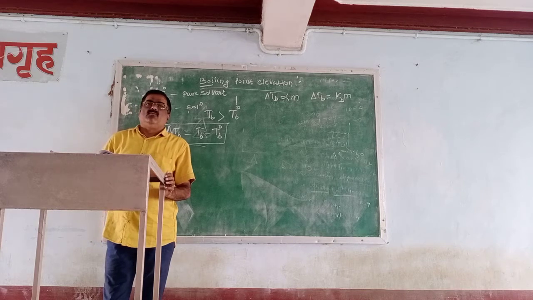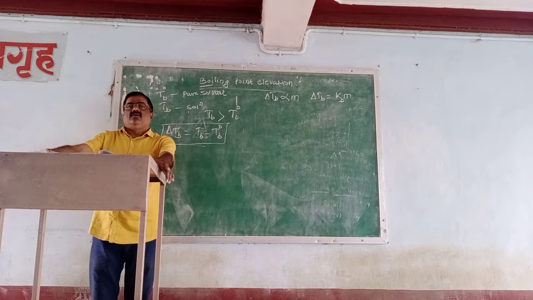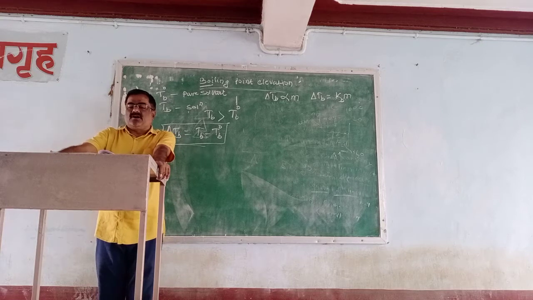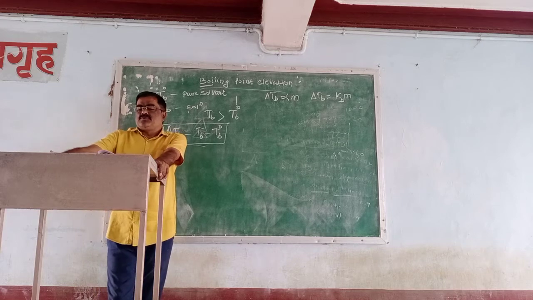If molality is 1, delta TB is equal to Kb, the boiling point elevation constant or ebullioscopic constant, which is produced by a 1 molal solution.